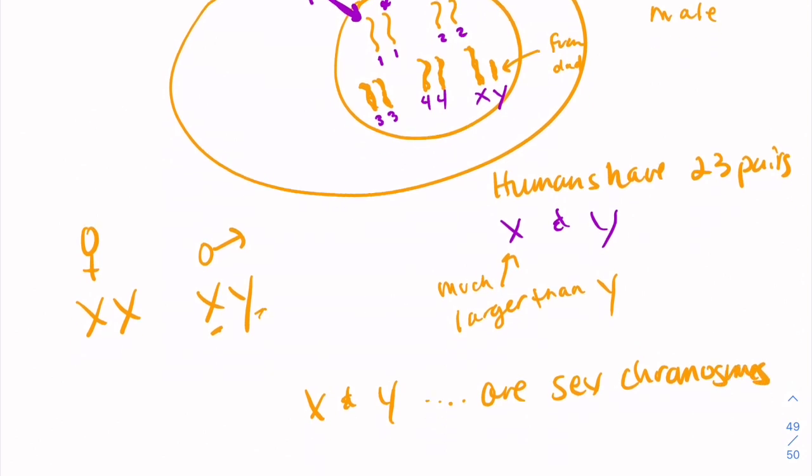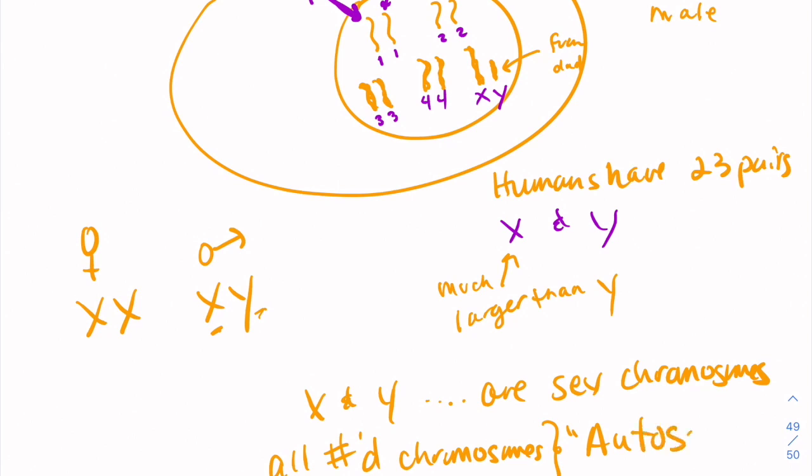But all numbered chromosomes, not hashtagged chromosomes, all numbered chromosomes are what we call autosomes. It sounds like AutoZone, a place where you take your car to get its oil changed, but no, this is autosomes. Autosomes refer to chromosomes that are numbered, chromosomes that are not sex chromosomes.